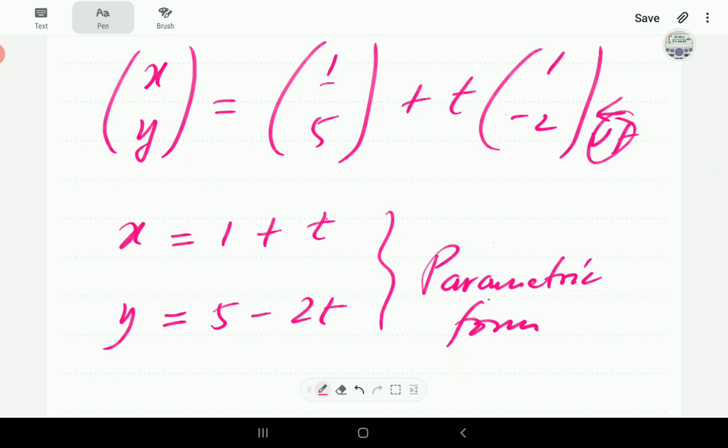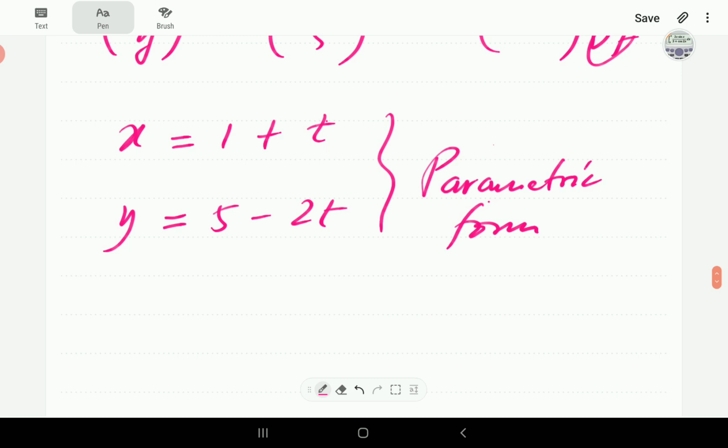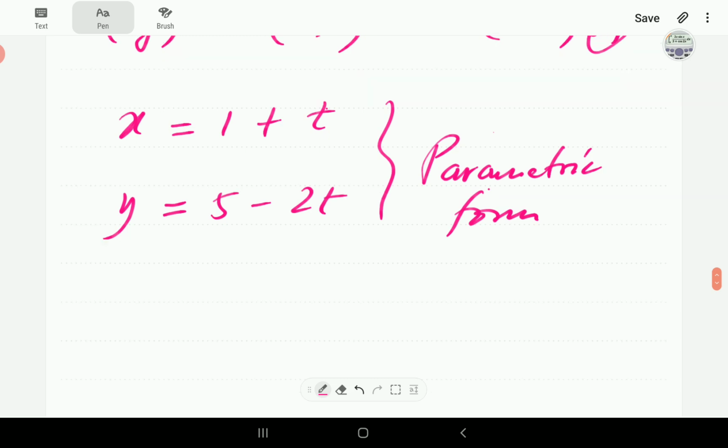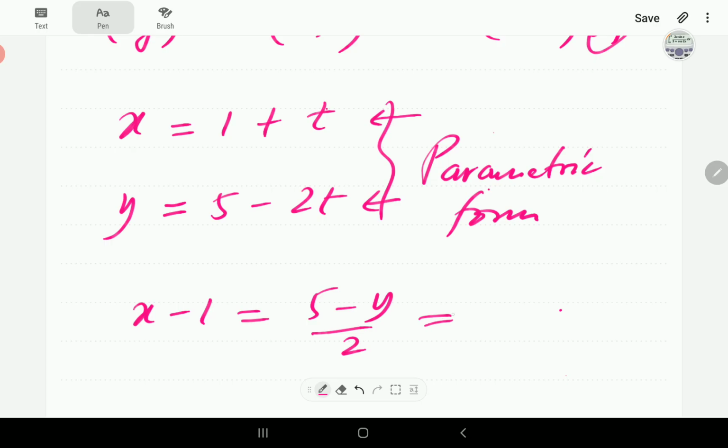From the parametric form we can derive yet another form of the same equation called the symmetric form by eliminating t. So from the first equation, t is x minus 1. From the second equation, t is going to be (5 minus y) all over 2.